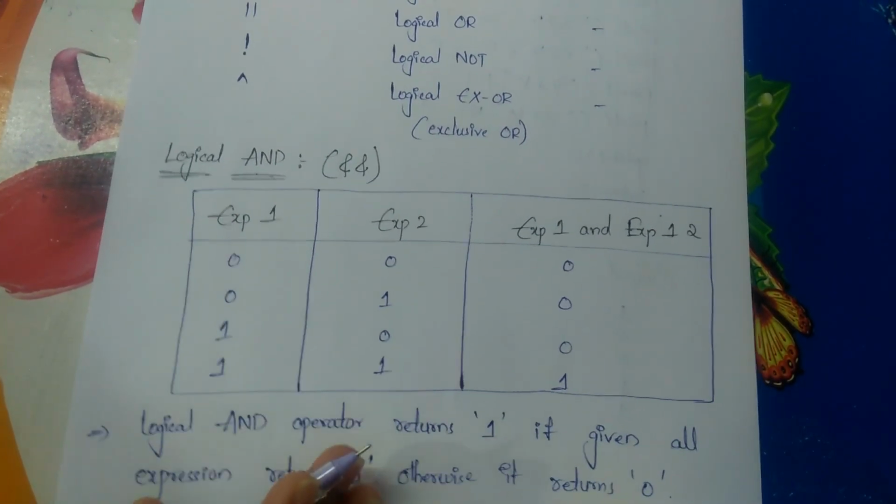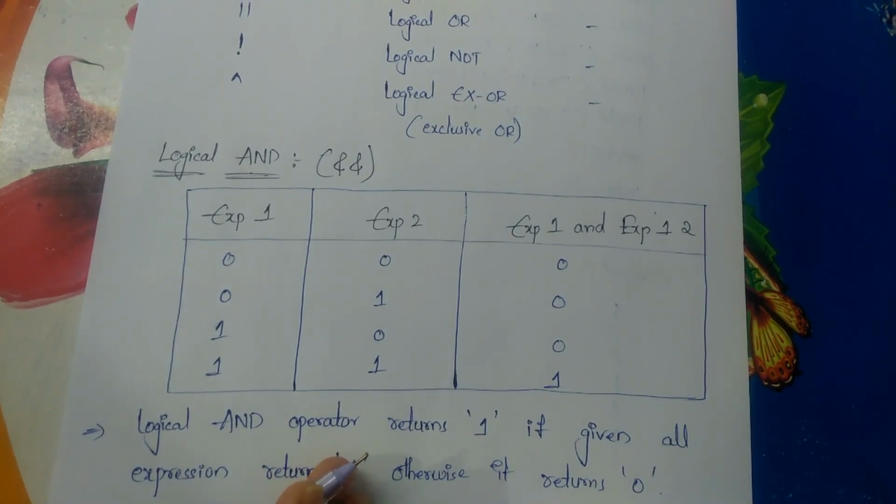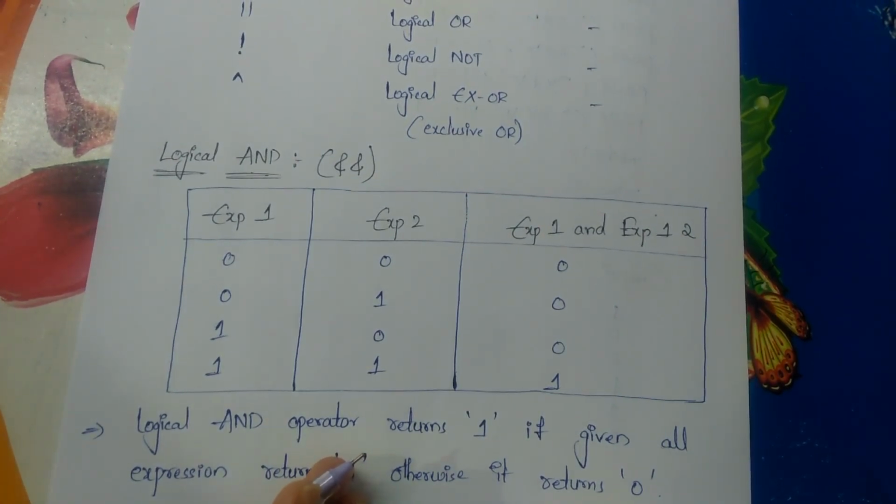So the logical AND. We have seen the definition: these operators are used to evaluate one or more relational expressions.